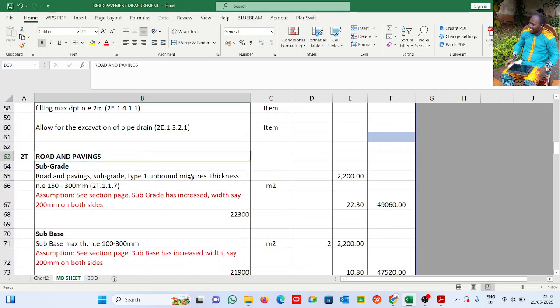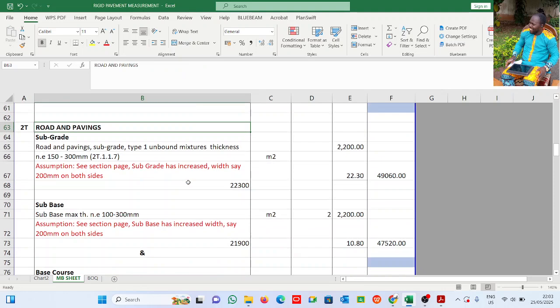So the road and pavements. Of course, they are in the same section. Rigid pavement and flexible pavement are in the same section of the BESMM 4R, section 2T, so it becomes easy to make reference to. Of course, this is a subgrade.